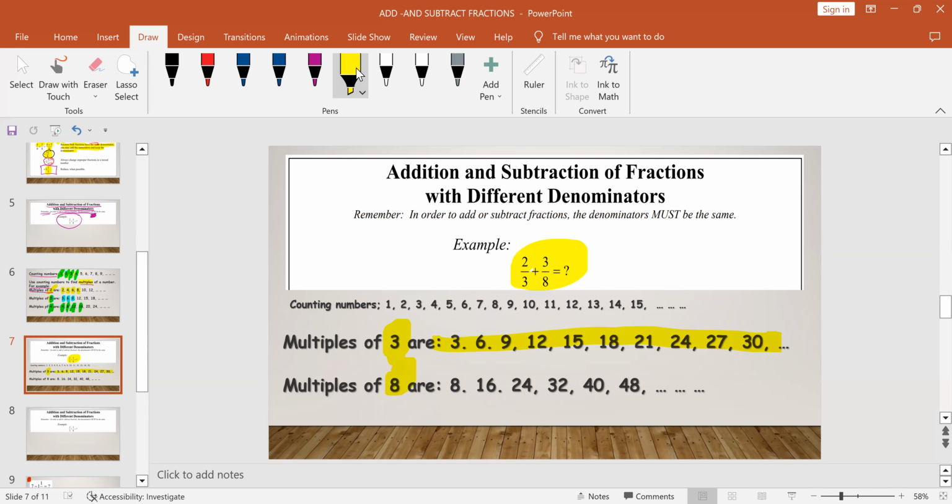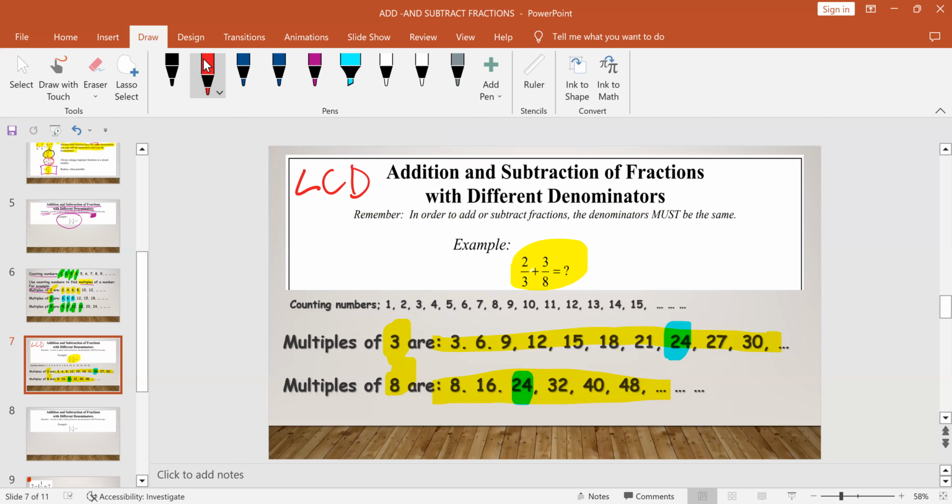We can get more if we continue, but we stop here because we are looking for the LCD, least common denominator, or lowest common denominator. Again, that concept is explained in a different video. This is not the purpose here, but we just use that concept to understand how we can add two fractions with different denominators. Okay, so we're going to use 24 as our LCD of these two denominators, 3 and 8.